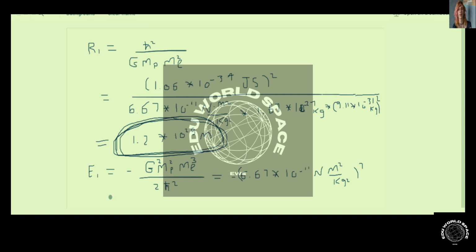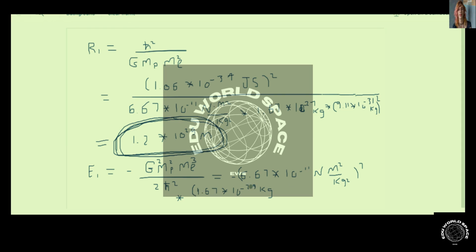And this is times 1.67 times 10 to the negative 27 kilogram, this is our standard value for the proton's mass.